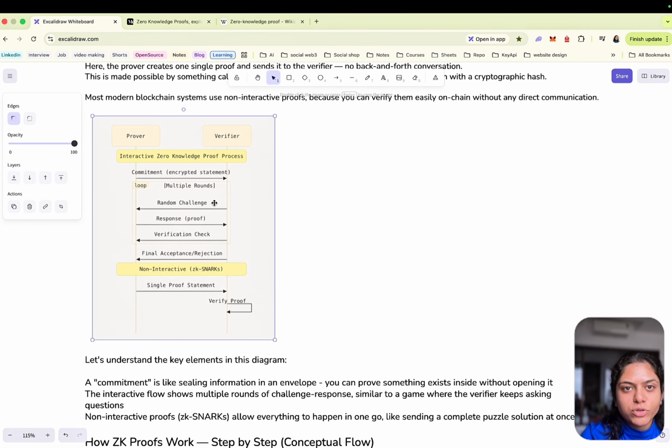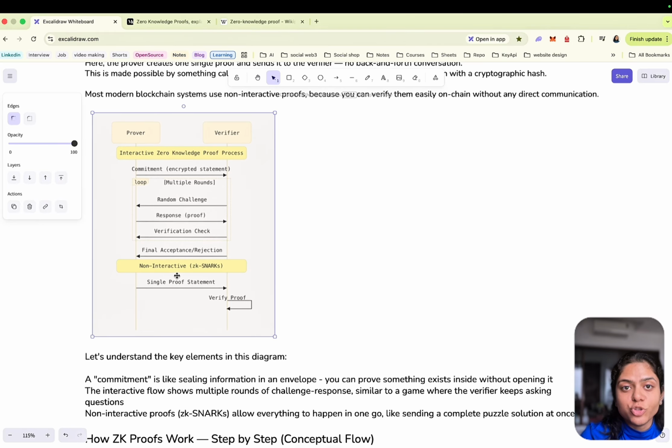These are interactive flows with multiple rounds, done through random challenges and response proofs given by the prover, and then the verification check, and the final acceptance or rejection. After the multiple rounds, the verifier checks whether what the prover claims about the inside is right. If the prover can give the right proof, it is accepted, and if the proof is not done properly, then rejection happens.